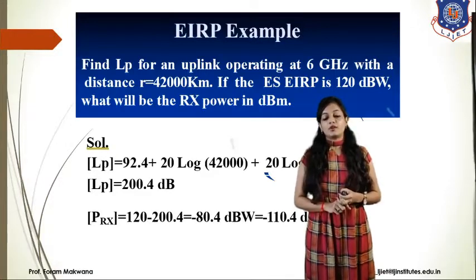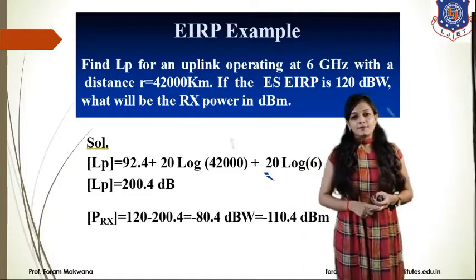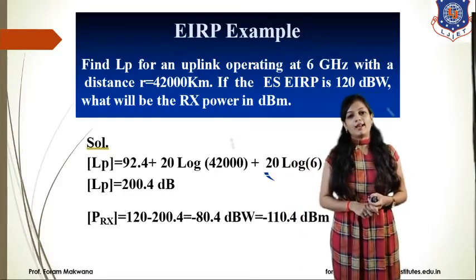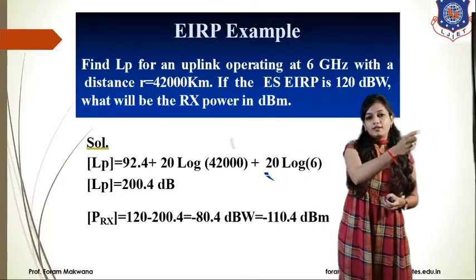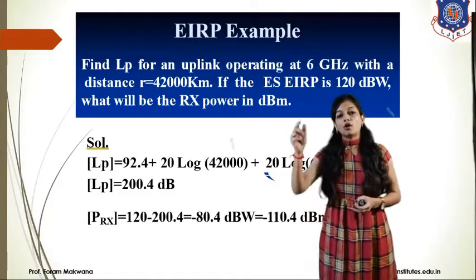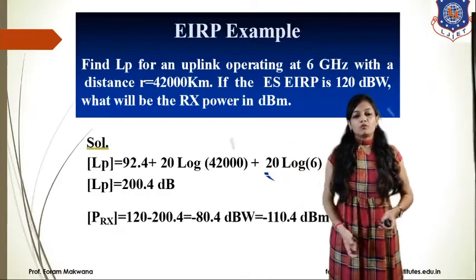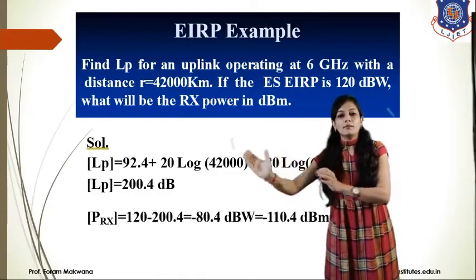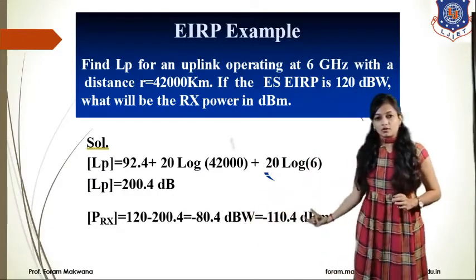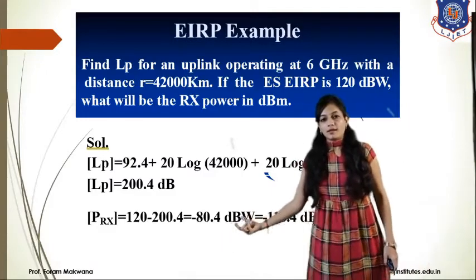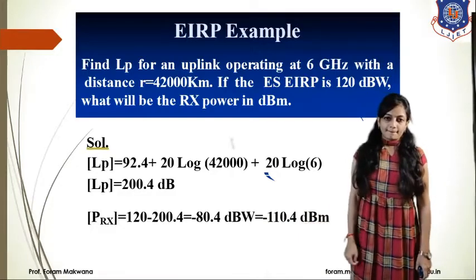If we convert 10 raised to minus 3 into dB, it is 10 log base 10 of 10 raised to minus 3. Minus 3 comes over here, and 10 into minus 3 is minus 30. This is the way to convert dBW to dBm. So minus 80.4 plus 30 will be minus 50.4 dBm.